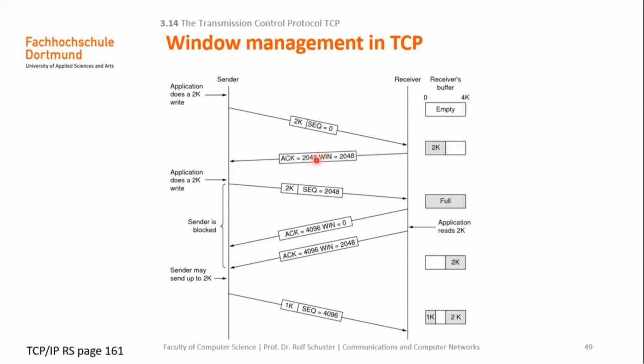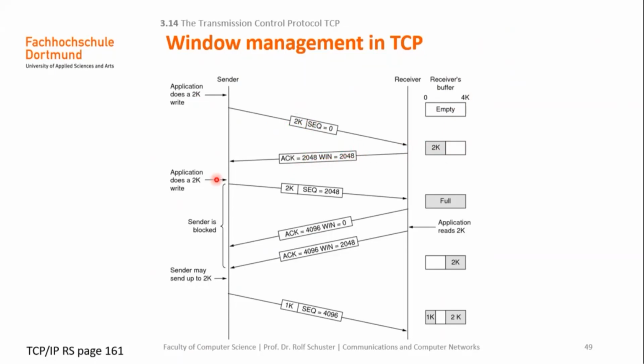Then pay attention that the acknowledged number is 2K. That is saying that the receiver already received correctly the first 2K, and the capacity available is 2 additional kbytes.